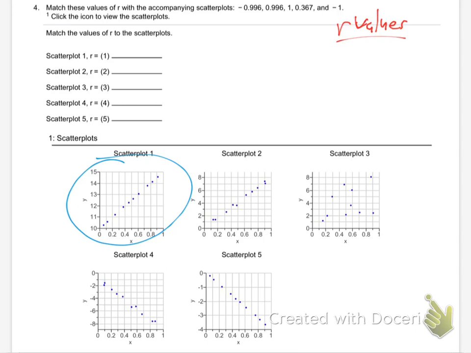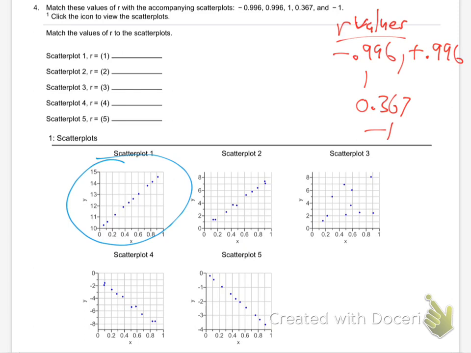Negative 0.996, positive 0.996, 1, 0.367, and 0.81.